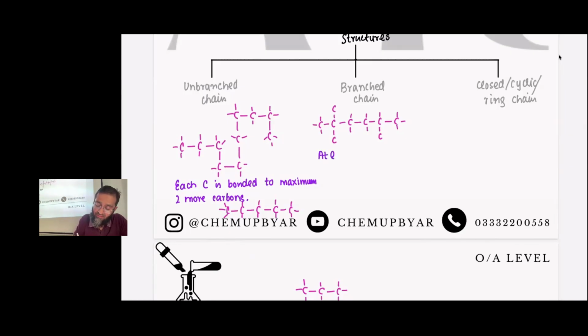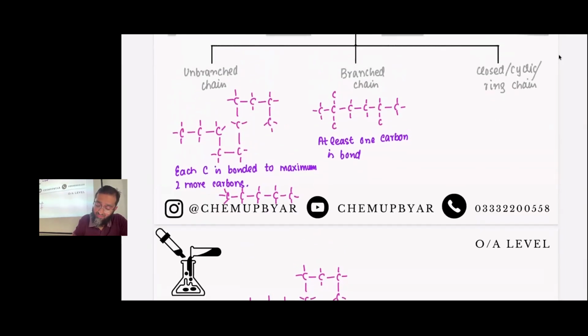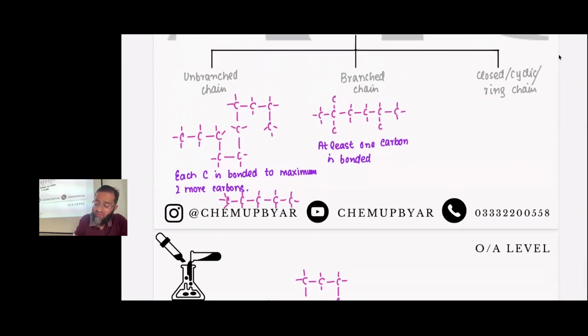Okay. So at least one carbon is bonded to a minimum of three carbons.